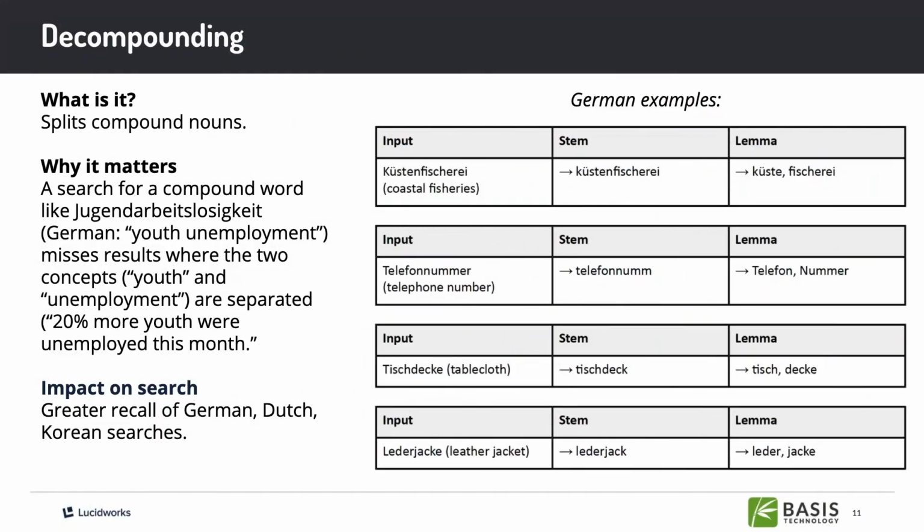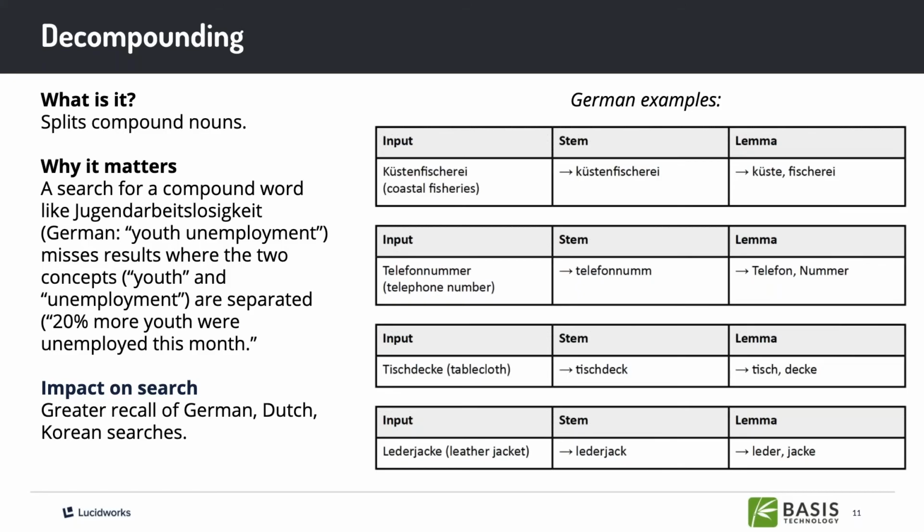Decompounding, splitting compound nouns. This is very popular for Germanic language settings, in which it's very common to see multiple nouns used in the same word. And what happens is sometimes when we have multi-noun words like this, we can miss the results where two concepts are separated.